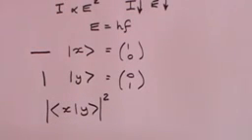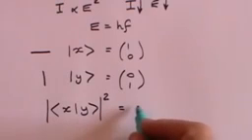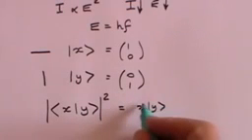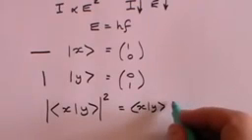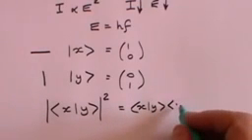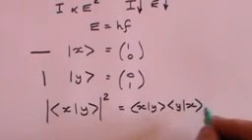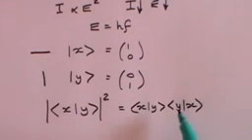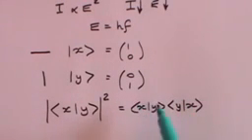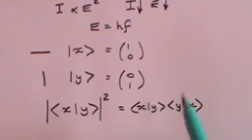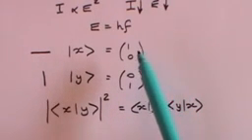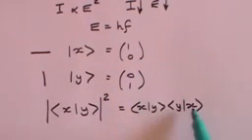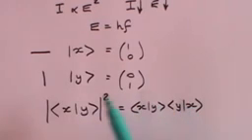Or to be absolutely precise, you have to take the probability amplitude and multiply it by its complex conjugate. Remember, we showed that yx is the complex conjugate of xy. Now, as it happens, you'll notice that there are no complex numbers in these vectors. So for the time being at least, this nuance will not be a worry to us. All we need to do is to take the inner product and square it, and we get the probability.